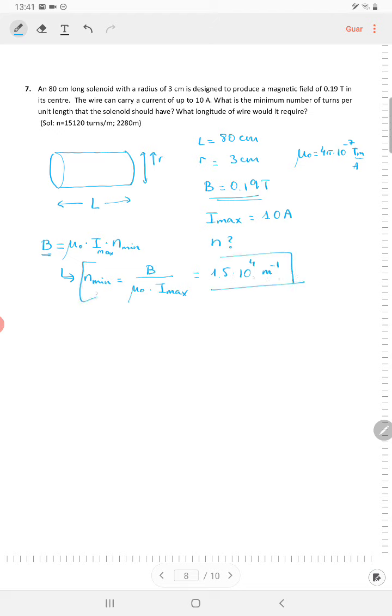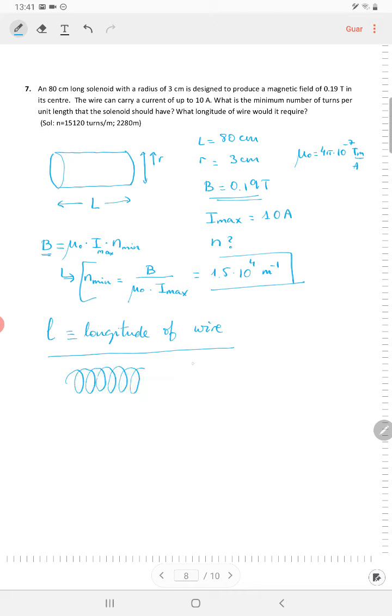And the other is what length of wire we would need. Let's call that l, small l, the length of wire. The idea is that with this long wire, we are going to turn it around to make the solenoid.